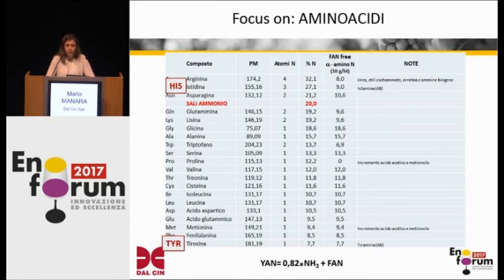Then we have amino acids such as histidine and others that are precursors of substances which are not desirable. If you have indigenous yeast, you can have biogenic amines as a consequence. Proline and methionine are two specific amino acids. Proline is generally not assimilated by yeast in anaerobic conditions, and so it has a very low nutritional power, close to zero.